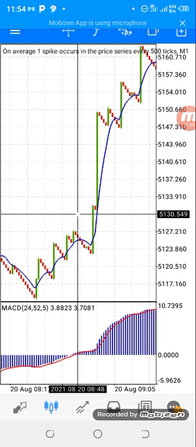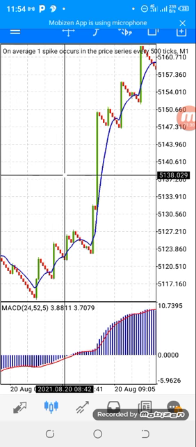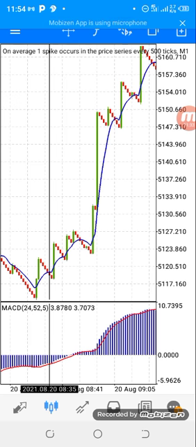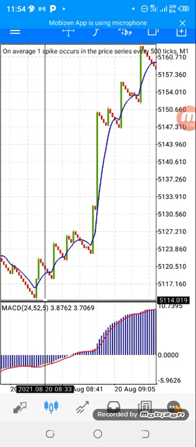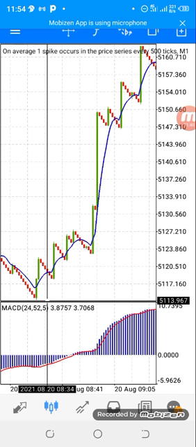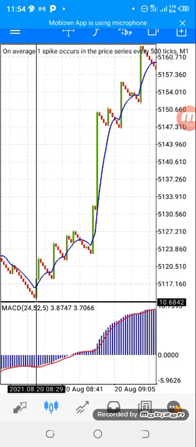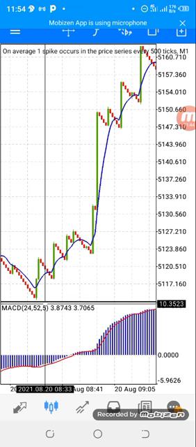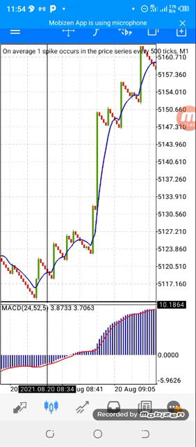Now let's check this again. As at this point, we have our MACD bar above the red signal line, and here we have a spike up and the bearish bar retraces down to touch the linear moving average.